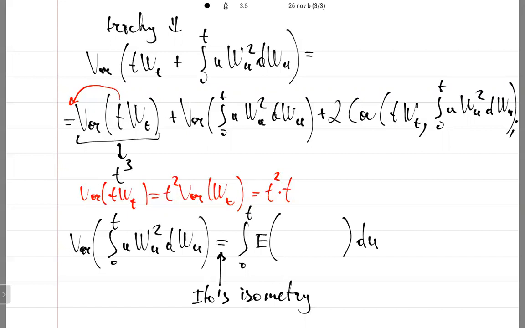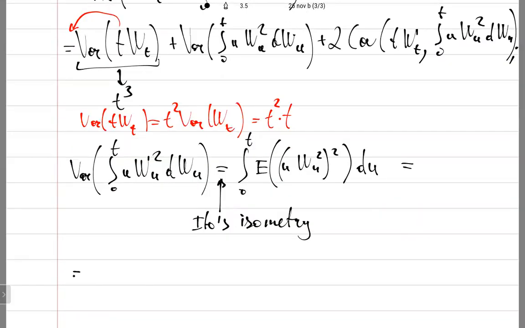And we interchange squaring the integral and squaring the integrand. So it will be u W_u squared, squared. So it will be the integral from 0 to t of the expected value of u squared W_u to the power 4. Now we can use the regular rules of integration because we have du.